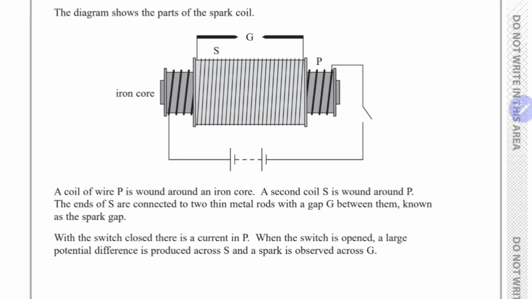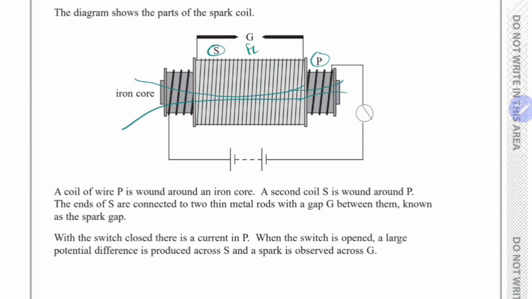Let's go back to our question. For this scenario, when the switch is closed, the current flows into the primary coil, producing a magnetic field. As we can see here, the primary coil and secondary coil are both associated with each other, so a magnetic field will also be formed in here, and that results in flux linkage.